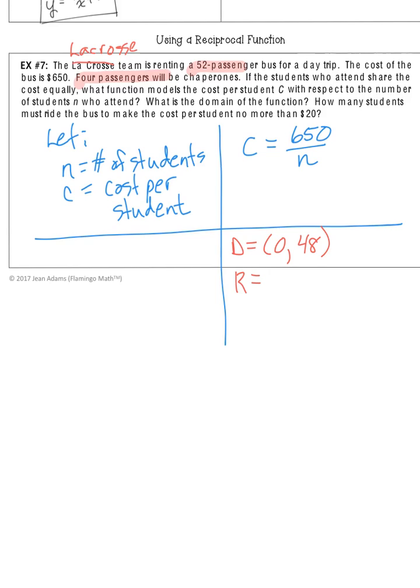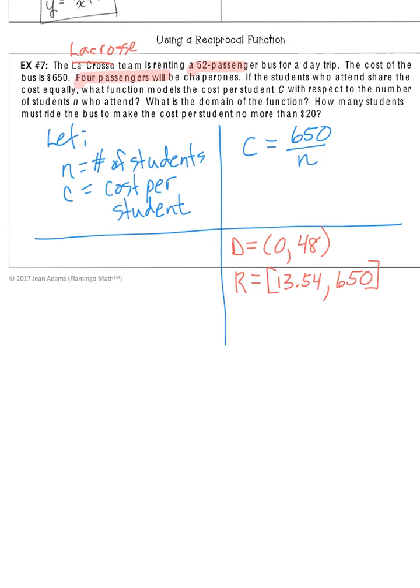My lowest cost per student would be divided by 48. That would be $13.54. So my lowest range actually would include, so I'm going to put brackets. So it'd be $13.54 all the way to $650, and it would actually include that because this is a real life example. So that's the range. Oh, they didn't ask for the range, so I just gave that.